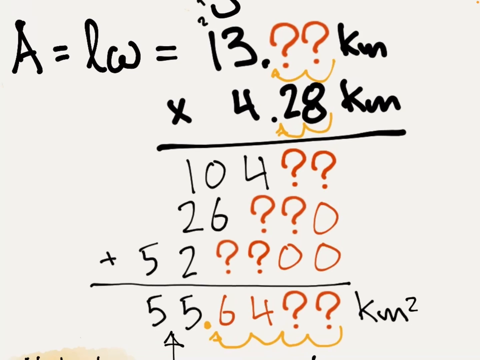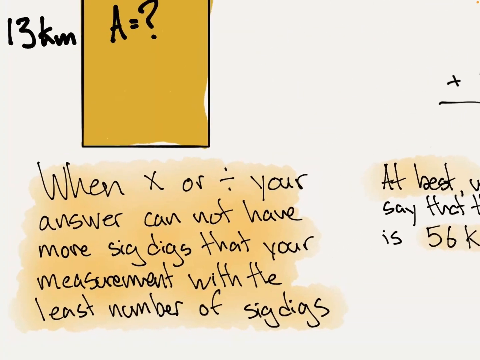All of those unknowns are just going to make a whole bunch of digits that we're not confident with, so we don't want to use them. And so when multiplying or dividing, your answer cannot have more significant digits than your measurement with the least number of sig digs.